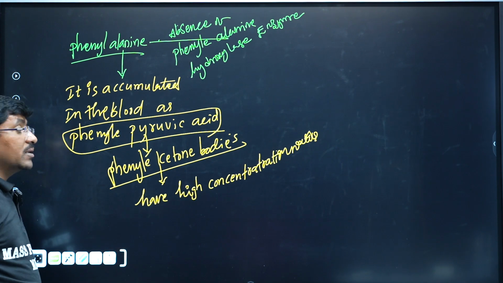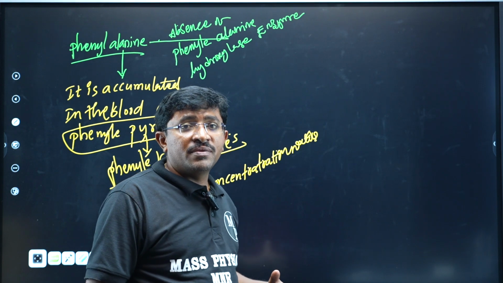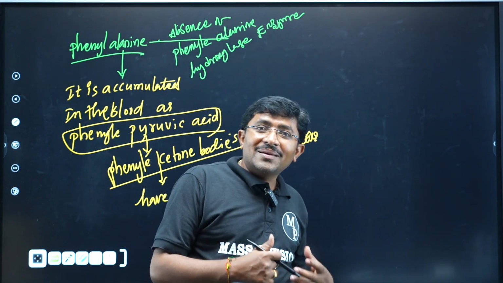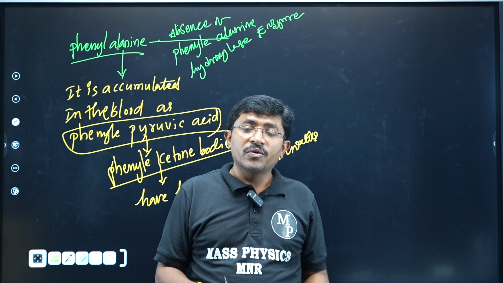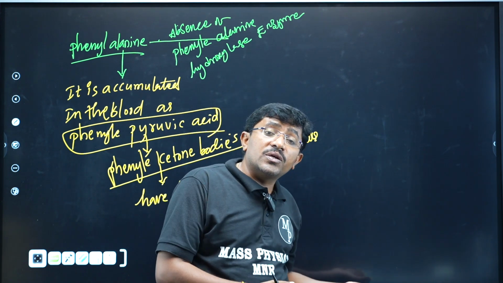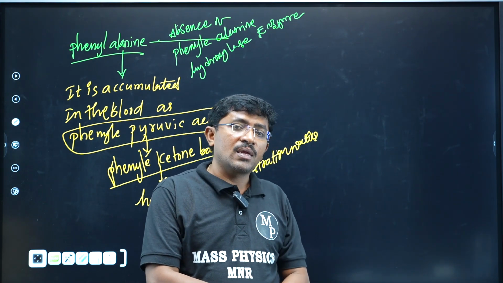Thereby what happened here? The accumulation of phenylpyruvic acid within the blood, when the blood is filtered within the kidney along with the urine, the phenylketone bodies are also released out along with the urine.